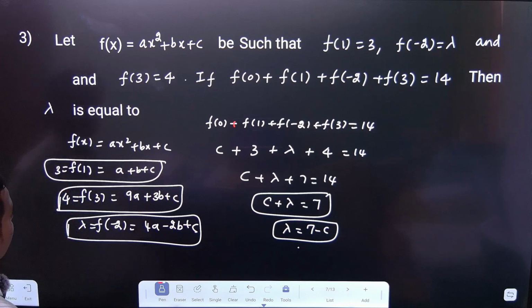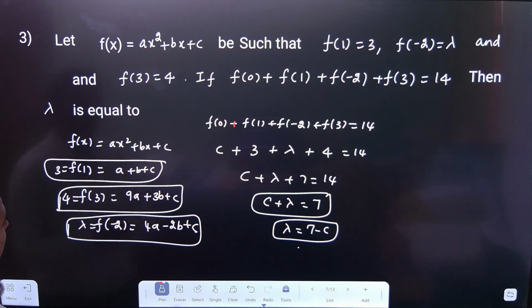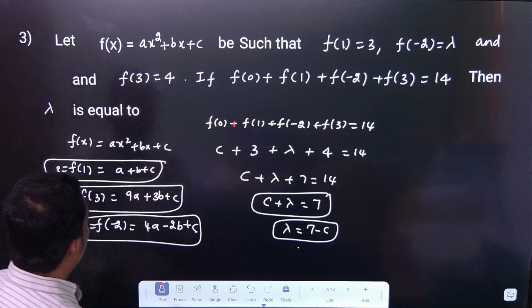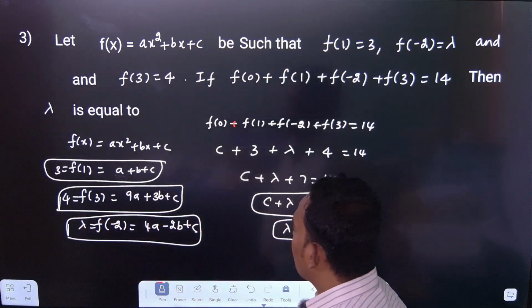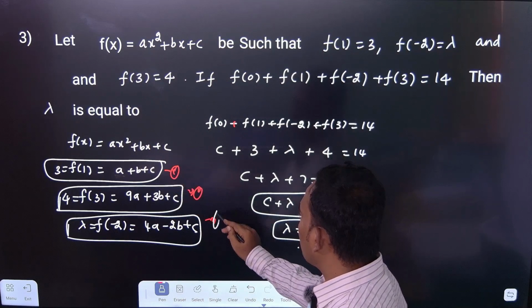Then you have to solve these two equations. So with 3 equations here, you can solve a, b and c. We need c only, then we can find out lambda. So for that, what can we do? The first equation, second equation, third equation you can take.